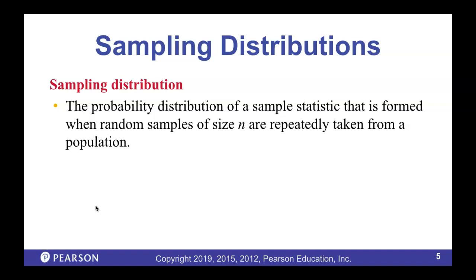So what I can do is I can take a sample. Say that my classes are about 36, but let's say that I am going to take a sample of size 25. I will go to your class and randomly pick 25 students from my statistics class, and I will calculate their GPA.